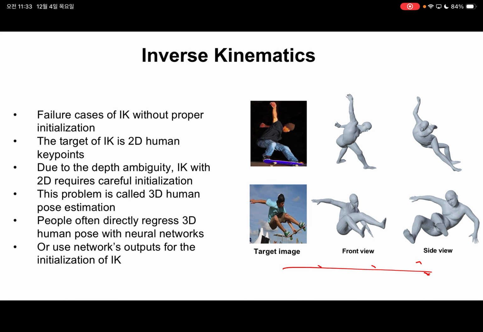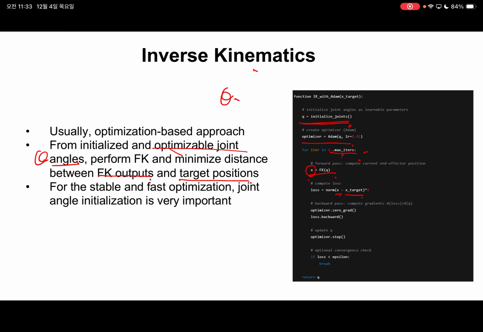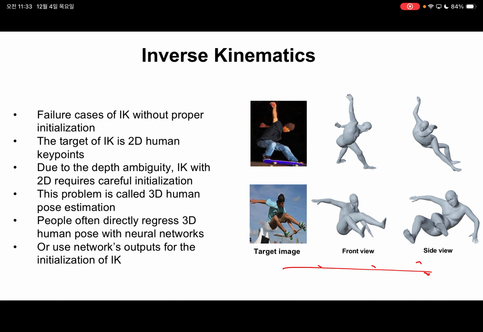So here we have the target, right? X target. In this example, X target is the 2D human key point, not 3D. Let's say here we have 2D wrist, elbow, shoulder, hip, knee, ankle.